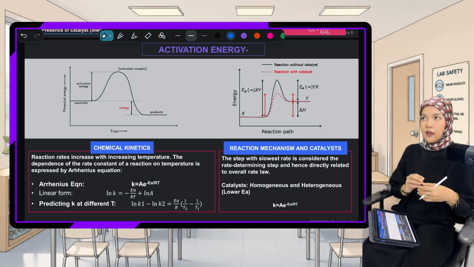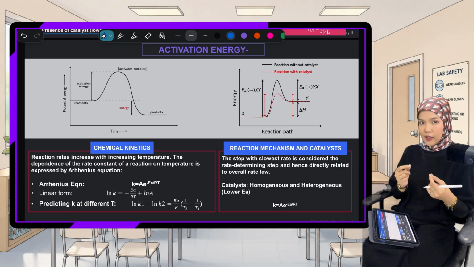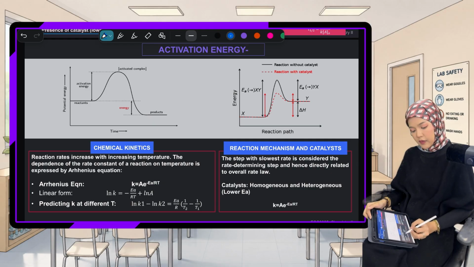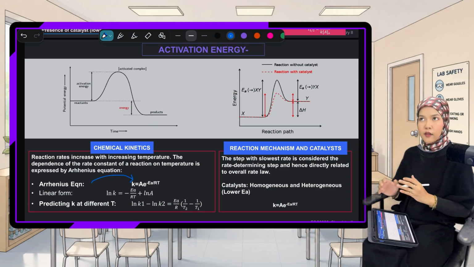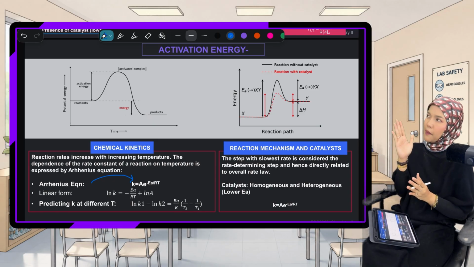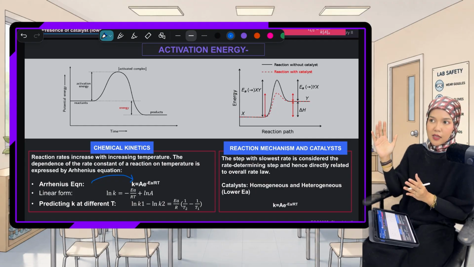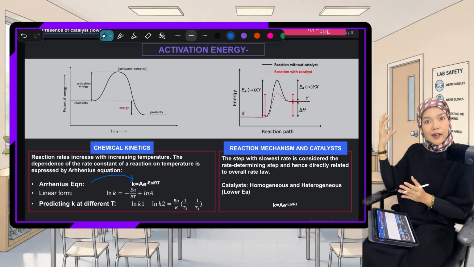It talks about effective collision, and in chemical kinetics, what's important is for you to look into the Arrhenius equation. So you can predict, at this temperature, what the rate constant is going to be. If you know the rate constant, you can calculate the rate from the rate law.